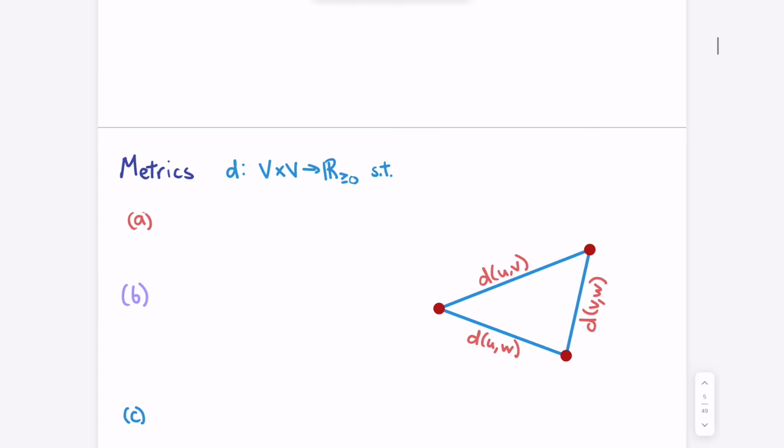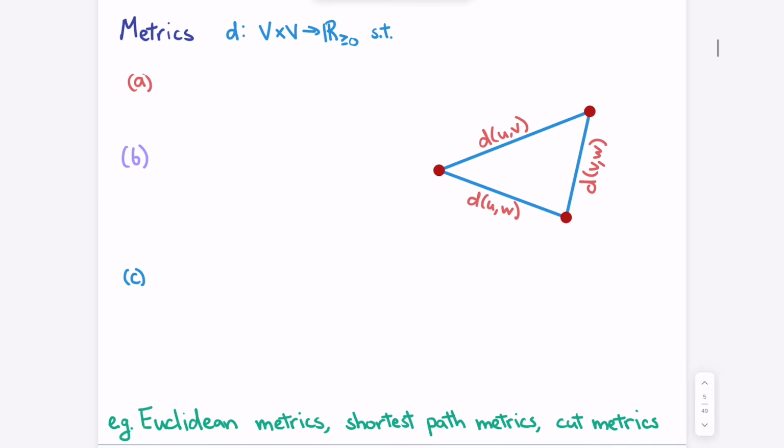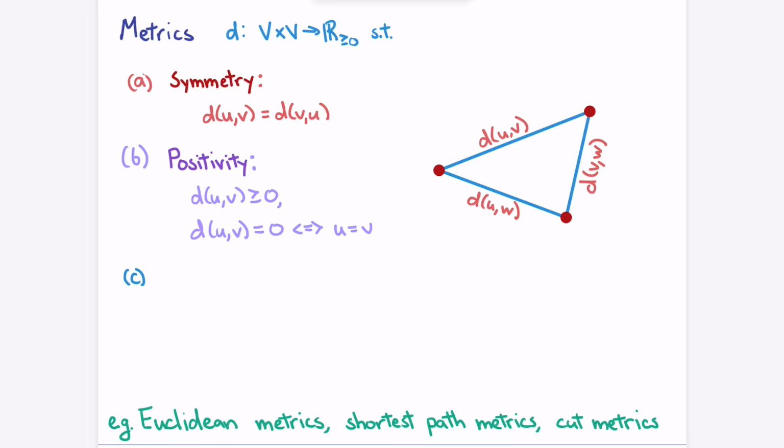So, I think this was already implicit in the last lecture. But a metric has just three basic properties. One, it should be symmetric. Going from A to B should be the same as B to A. Two, it should be positive. And at least for a strict metric definition, the distances are equal if and only if they're the same point.